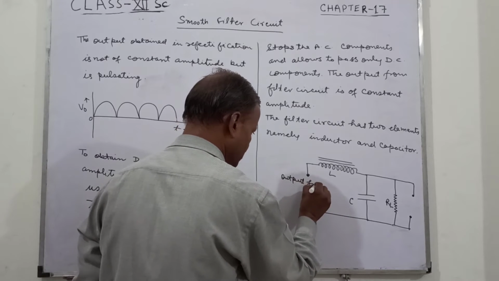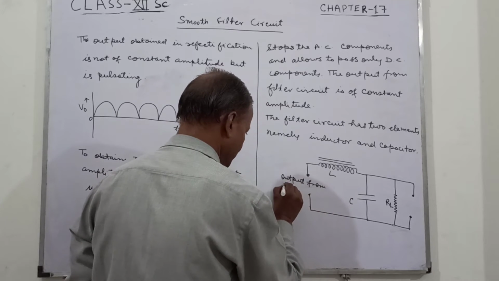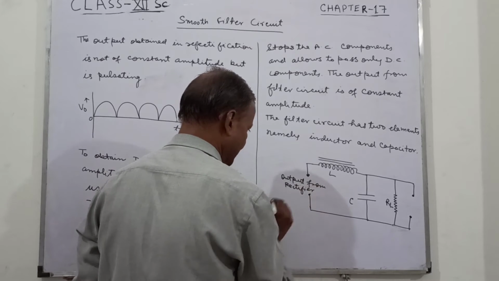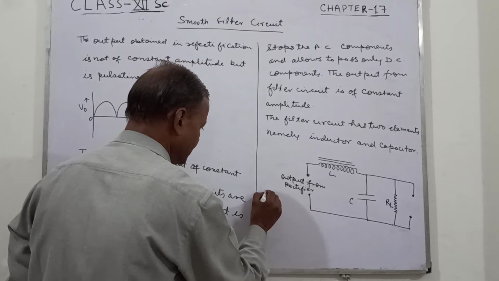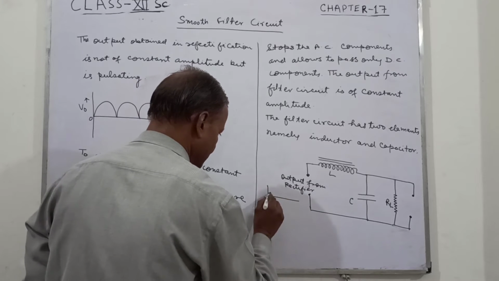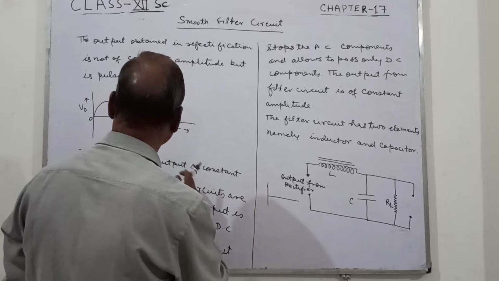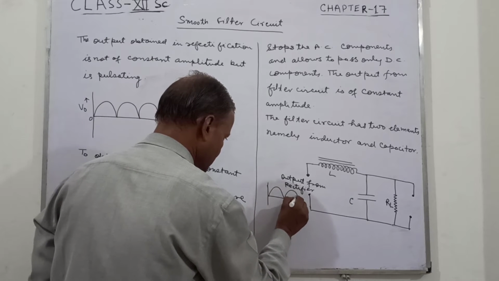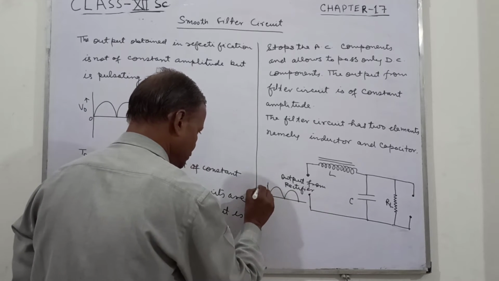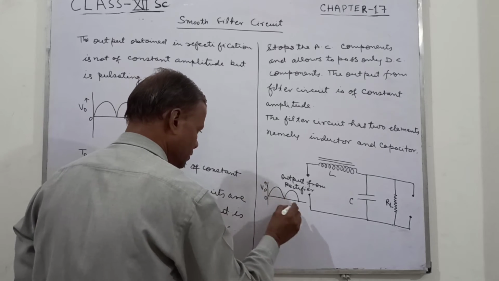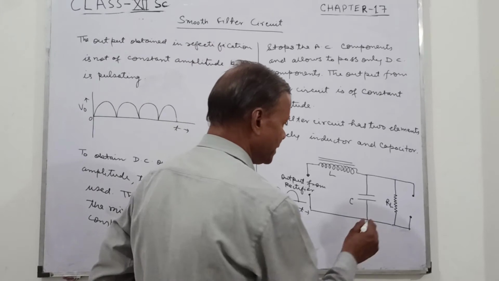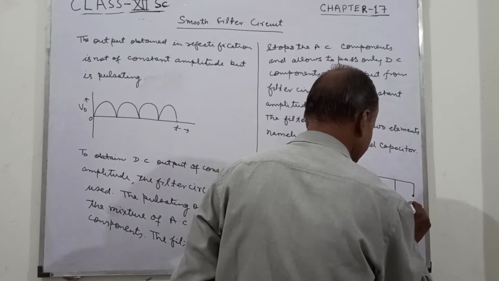Output from rectifier. So here we are having this like this. This is now 0, this is V0, this is now time t. And here we are getting the outputs.